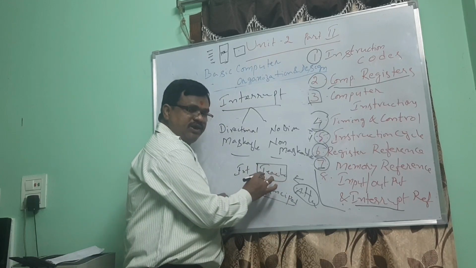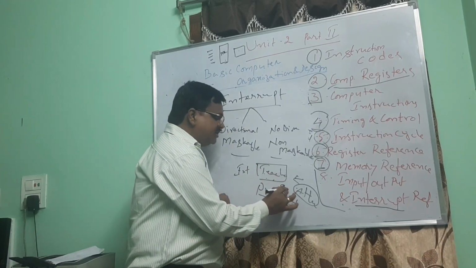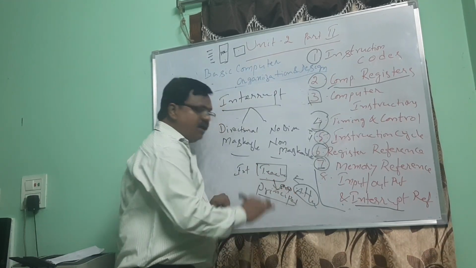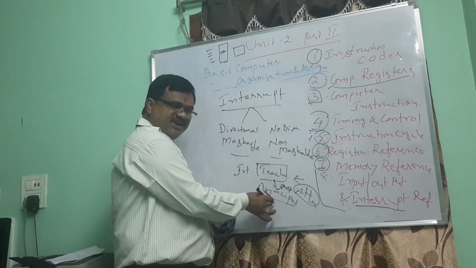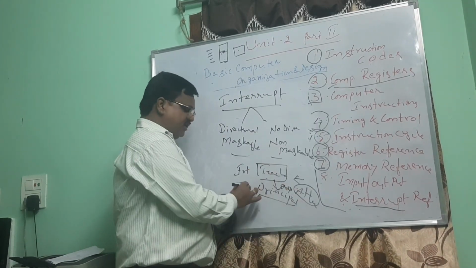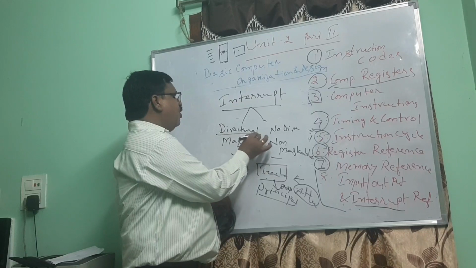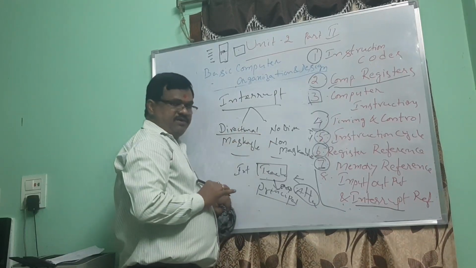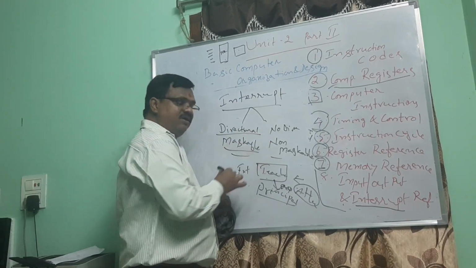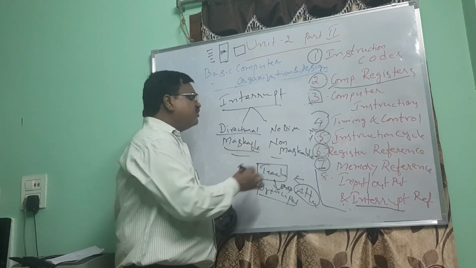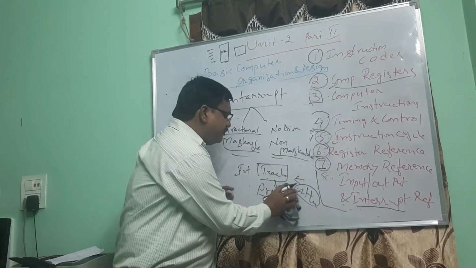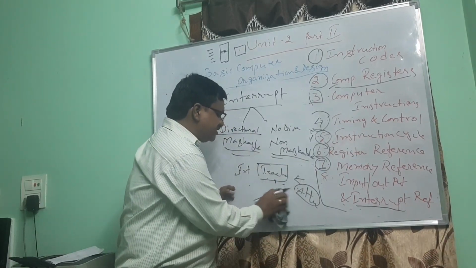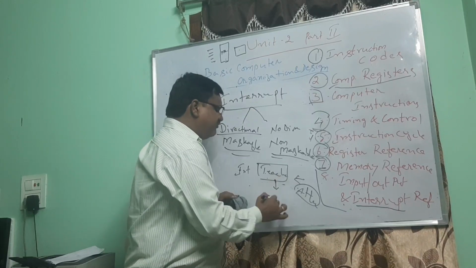So what is the next duty of the teacher? Stop teaching there and attend the principal. So a direction is given to this interrupter, and he will directly go and meet the principal. That is a maskable interrupt.